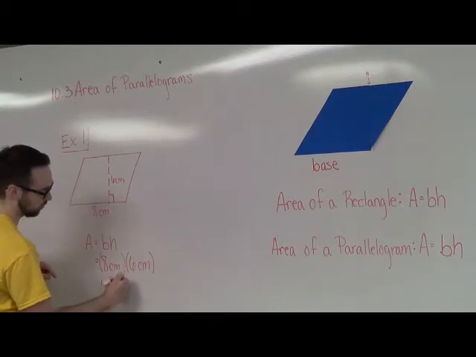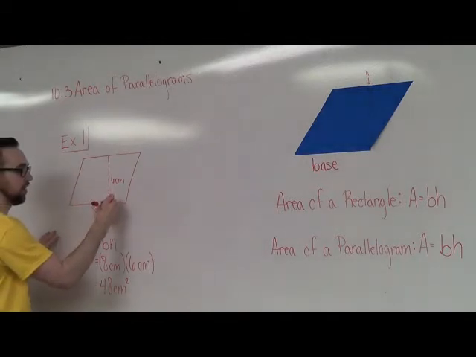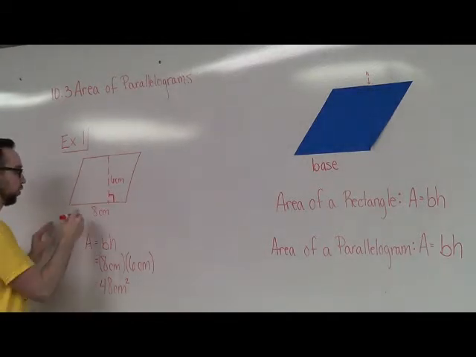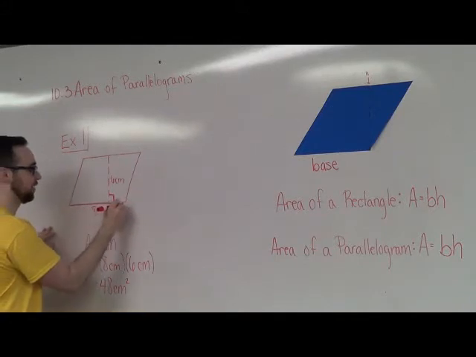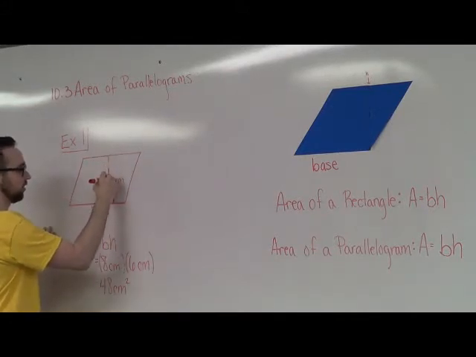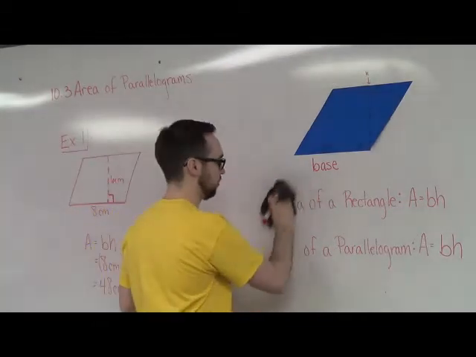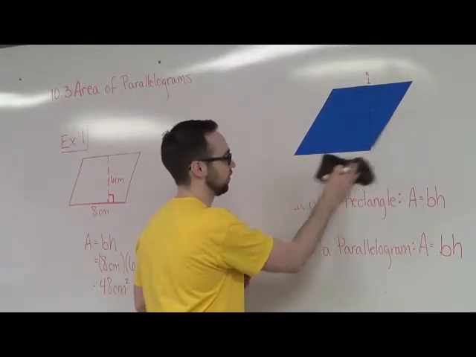And that's centimeters squared because we're talking about area, so don't forget your labeling there. That height has to form the right angle with the base. There are two perpendicular sides between the height and the base.